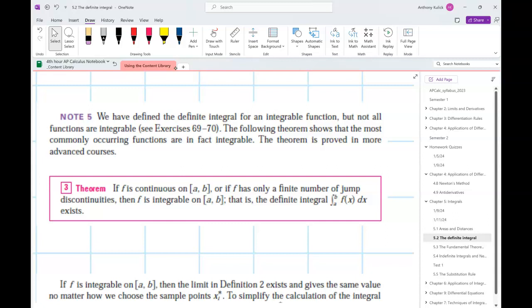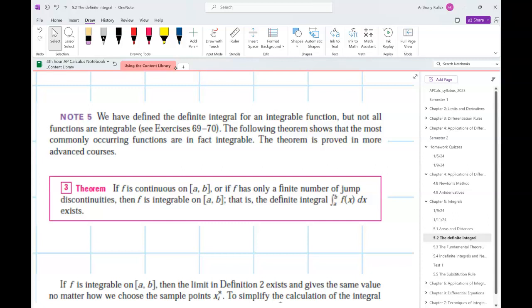That is, our definite integral exists. Have you guys seen a function that has an infinite number of jump discontinuities on a closed interval? No, you have not. You will in the homework.